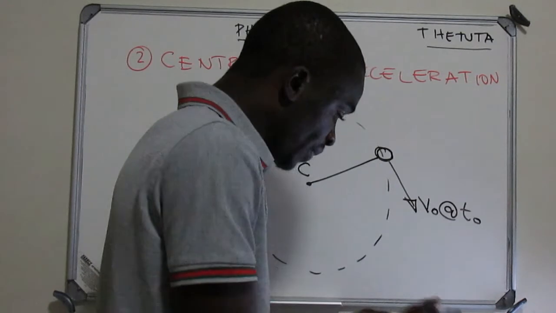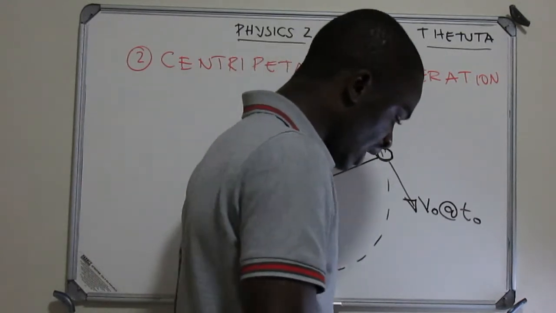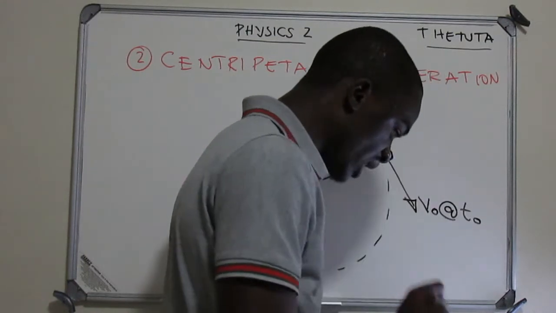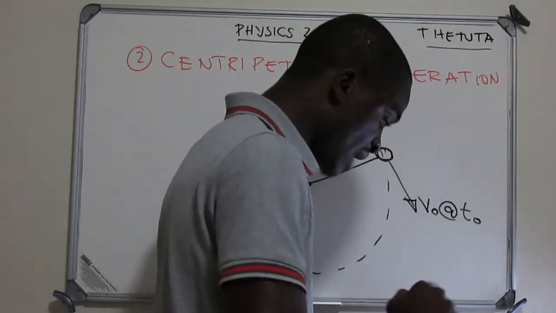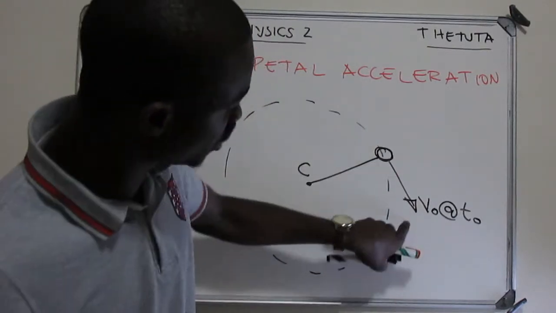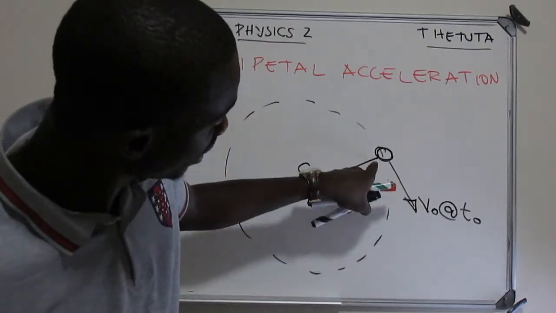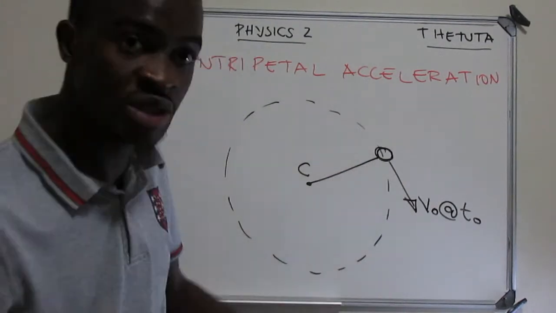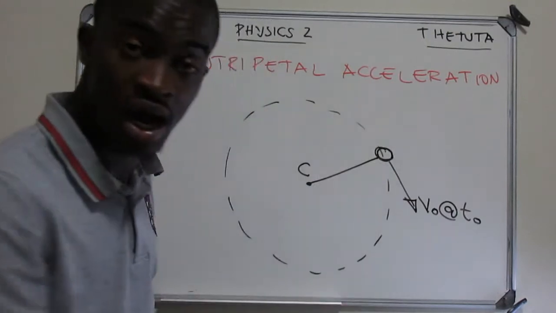So, in definition, centripetal acceleration is any change in the velocity vector, even if it is only a change in direction, meaning that acceleration occurs. So with this object that is moving at a specific speed, if there is a change in velocity or a change in direction, it means there is an acceleration on that object.